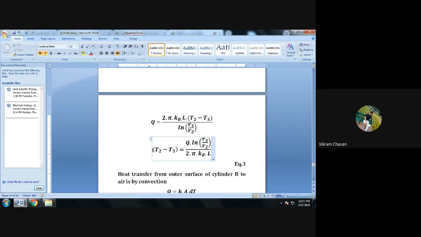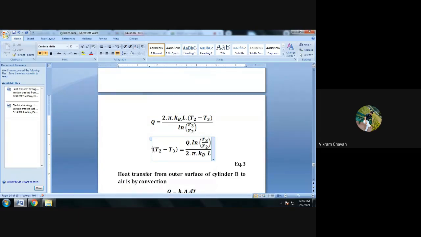T2 minus T3 is equal to Q multiplied by ln of R3 divided by R2, whole divided by 2 pi k suffix b multiplied by L. Getting everyone?